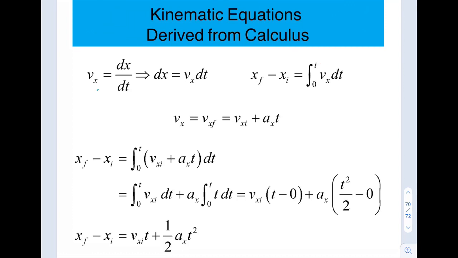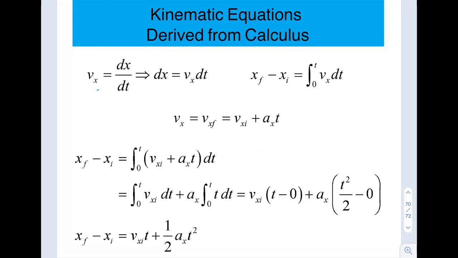Alright, so if we are talking about vx, which is vx final equivalent to vx initial plus axt, this is the common one that we use. So from here, our vx is this one. From here we rewrite this equation.